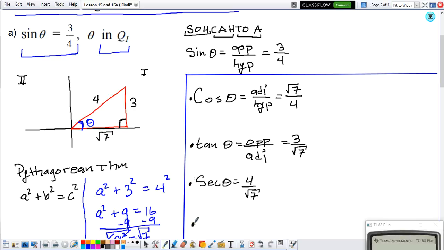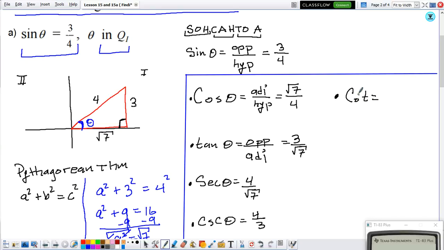Now we need to find out cosecant. But remember that cosecant is the inverse of sine. But we know that sine is 3 over 4. So that means that cosecant is 4 over 3. And lastly, we need to find out cotangent.